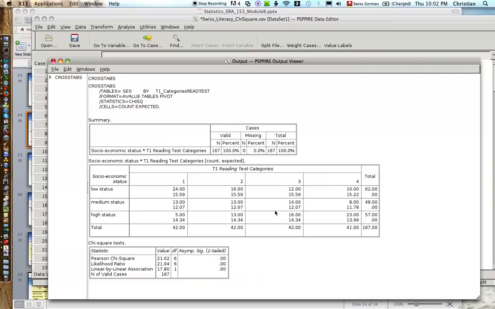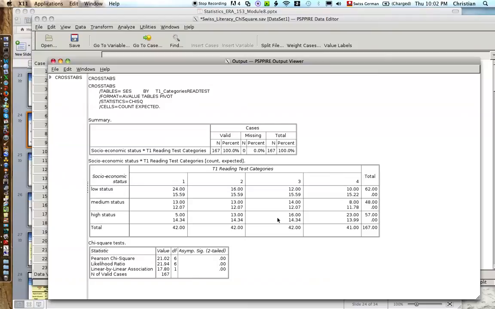So when we look at the high status now, we see the opposite example, right? We expected 14, but we observed 5. Here in the second one, we expected 14, we only observed 13. Then here we observed 16, although we expected 14. And then in the highest category, we expected 14, although we observed 23.